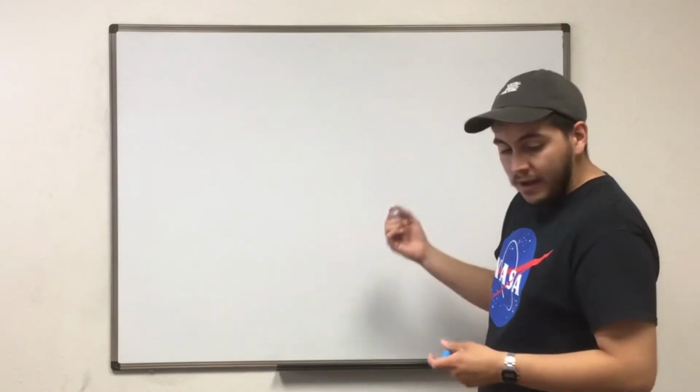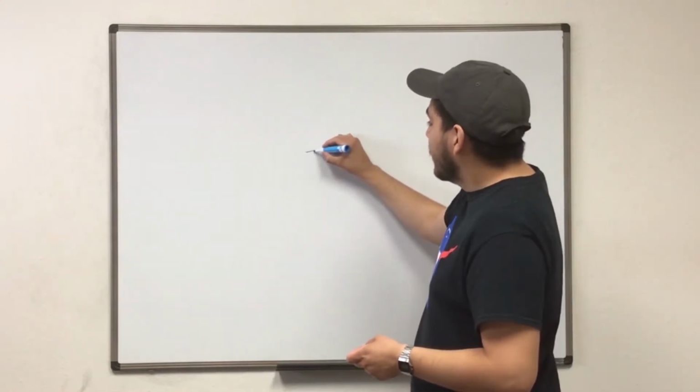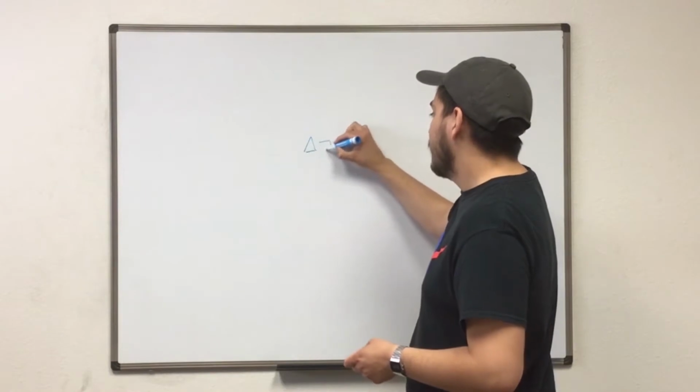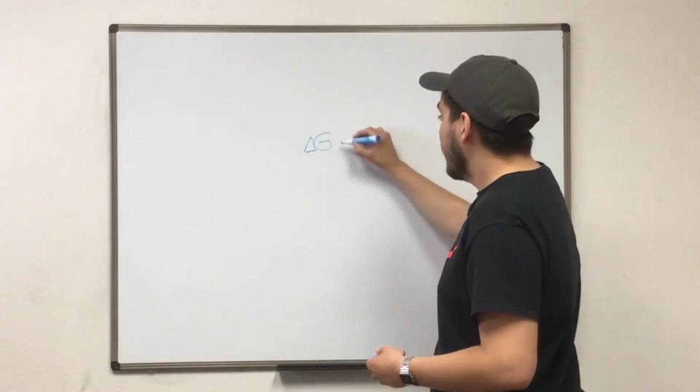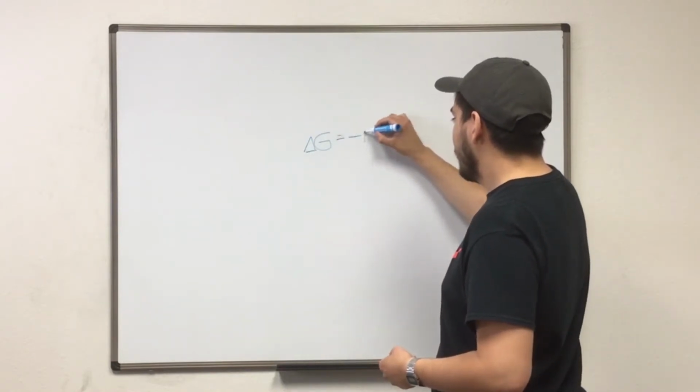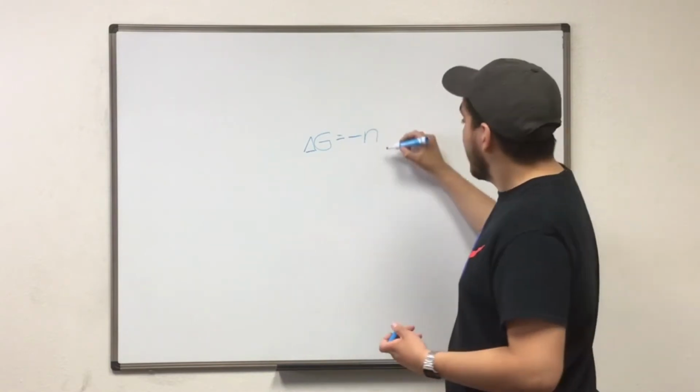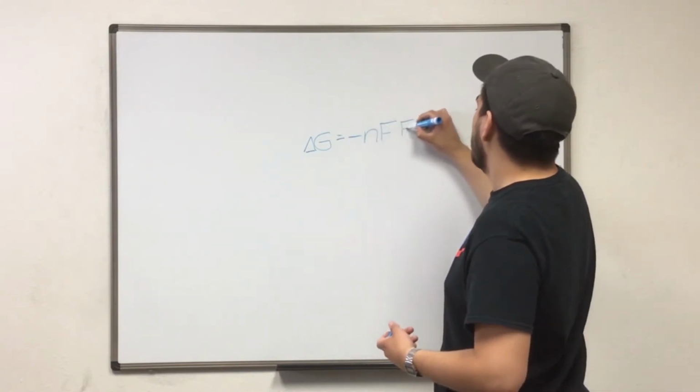So these are: the change in G, which is the change in free energy, equals negative nF E cell.